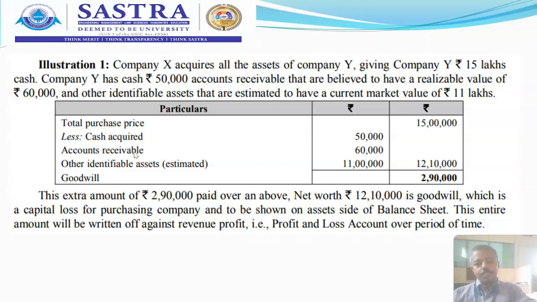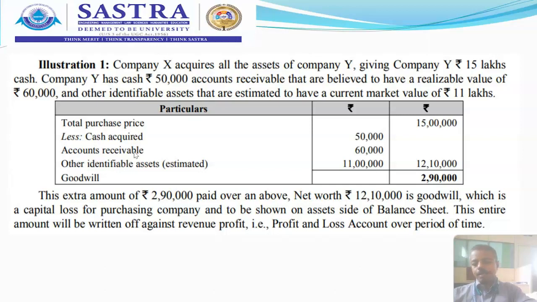So this extra amount of rupees 2,90,000 paid over and above the net worth of rupees 12,10,000 is called goodwill, which is a capital loss for purchasing a company. The capital loss is called goodwill, and it should be shown on the asset side of the balance sheet.